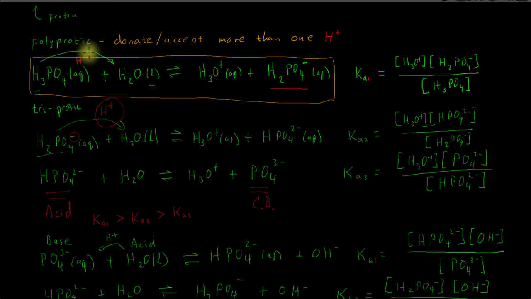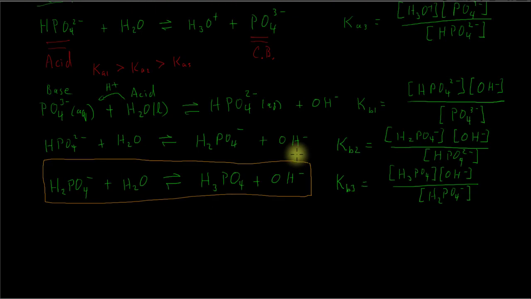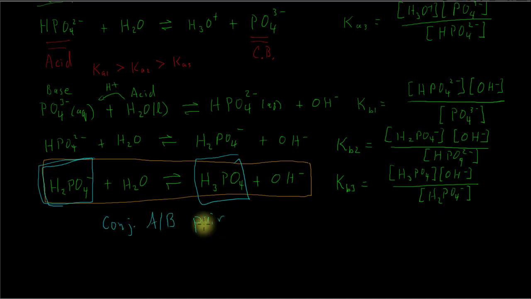What they have in common are the phosphoric acid, H3PO4, and the H2PO4- species. So these two species show up in this reaction, as well as this reaction down here. And what we know about those species is that they represent a conjugate acid-base pair.